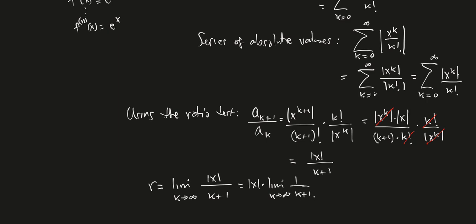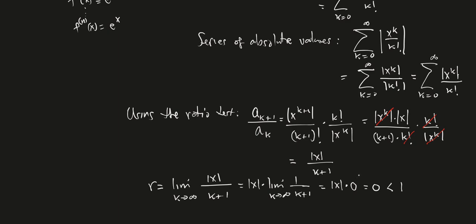And as k goes to infinity, 1 over k plus 1 approaches 0. So I have the absolute value of x, whatever that number happens to be, and then times 0. But that product is going to be 0, which means my r, no matter what my x is, always going to be less than 1.